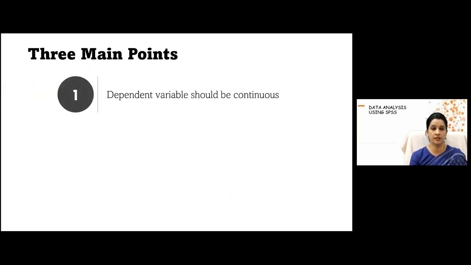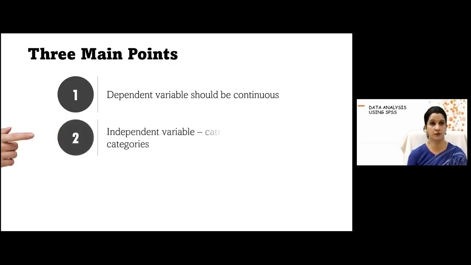Now, if you see this, the assumptions are the same as those of an independent sample t-test. In the independent sample t-test, we read that the dependent variable should be continuous. In the research questions, we have seen examples like the pain score, the BMI score, marks obtained in the exam. All these are examples of continuous data. The independent variable should be categorical in nature.